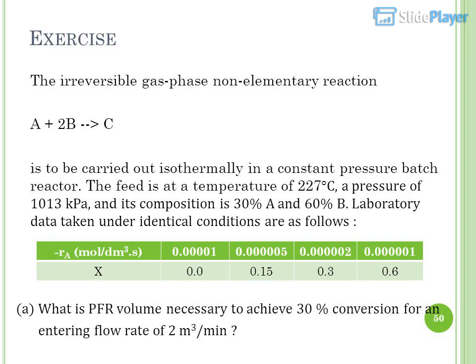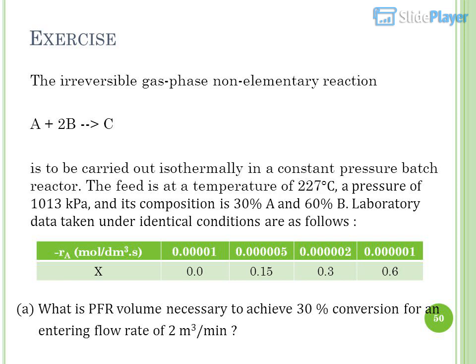Exercise. The irreversible gas phase non-elementary reaction A plus 2B gives C is to be carried out isothermally in a constant pressure batch reactor. The feed is at a temperature of 227 degrees Celsius, a pressure of 1013 kilopascals, and its composition is 30% A and 60% B. Laboratory data taken under identical conditions are as follows. A. What is the PFR volume necessary to achieve 30% conversion for an entering flow rate of 2 cubic meters per minute?